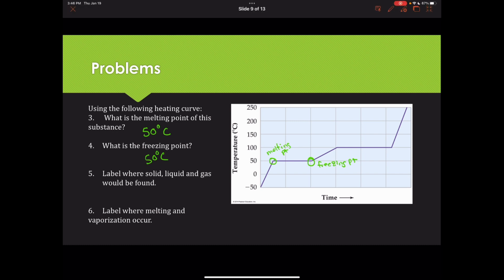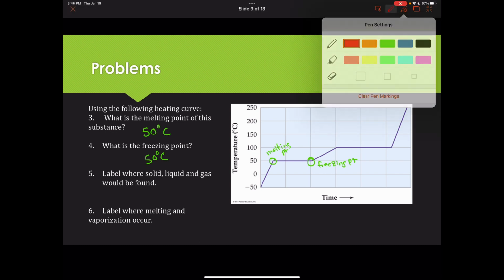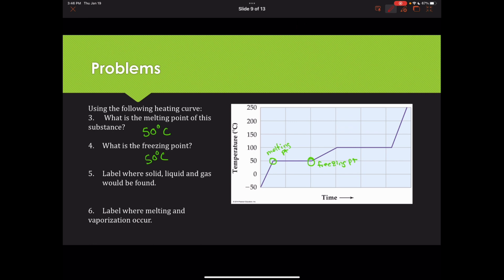Now we're asked to label this graph with solid, liquid, or gas. So at low temperatures, we start out solid. We reach our plateau, we're going to see a mixture of solid and liquid. Once we've completely melted, we're going to have our liquid. We're going to see that temperature rise till we get to our next plateau where we're going to see a mixture of liquid and gas.